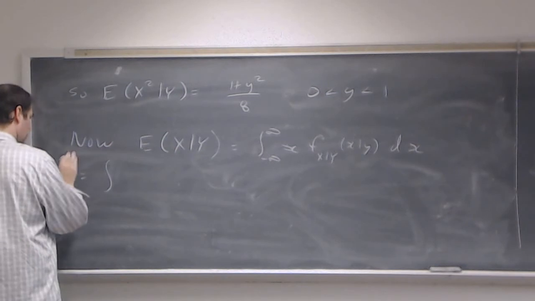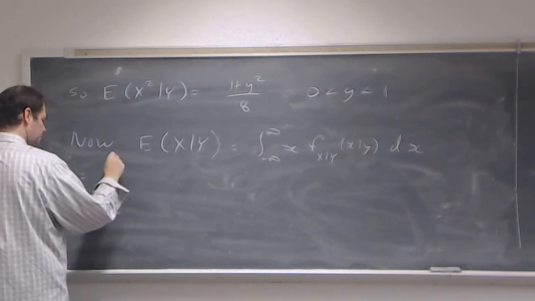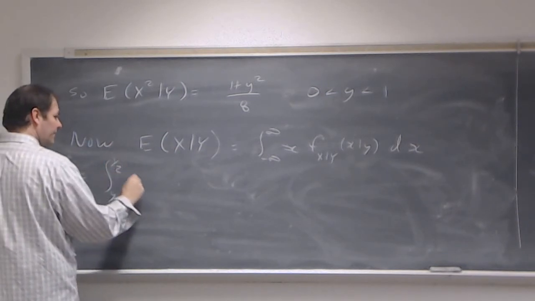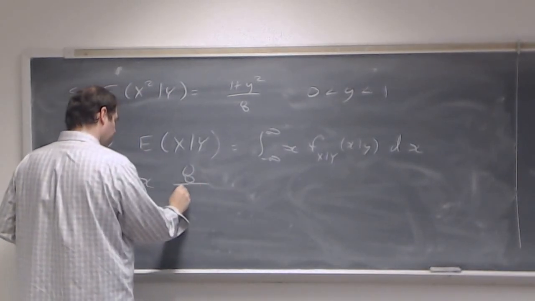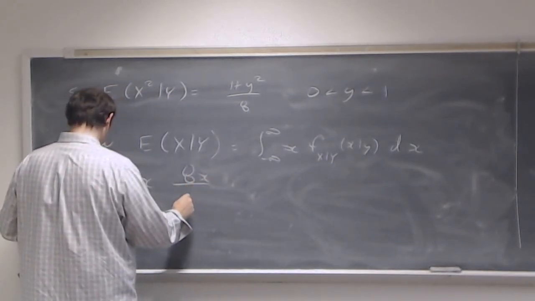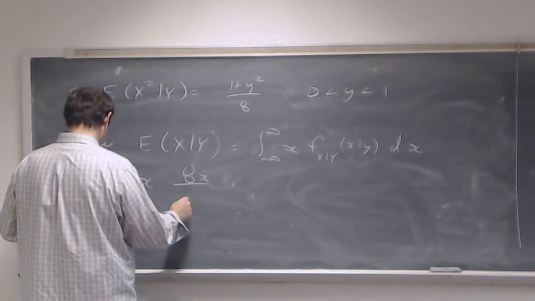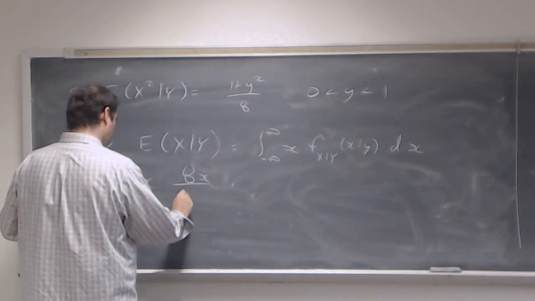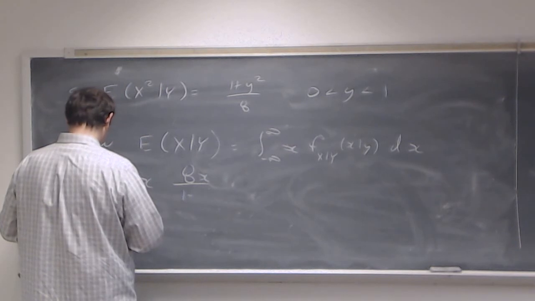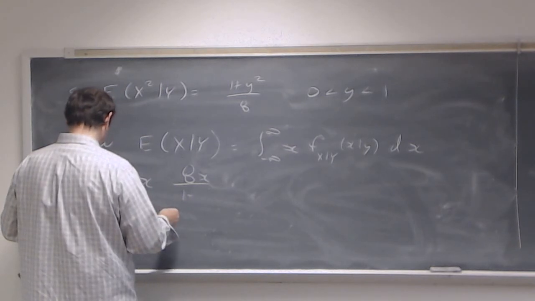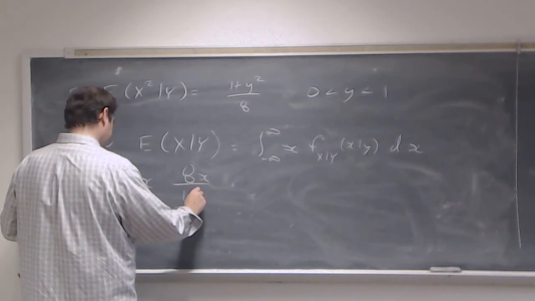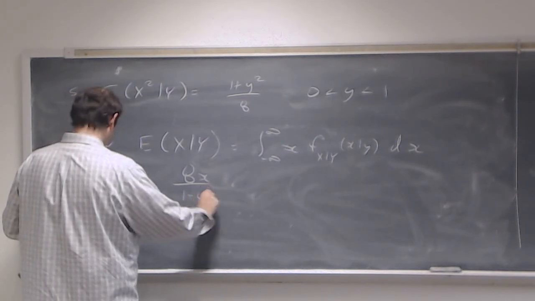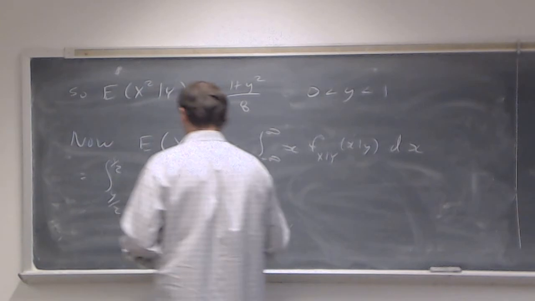Again, that's going to be the integral from y over 2 to 1/2. This is going to be x times, by previous work, 8 over 1 minus y squared, for dx. We probably did this before. I'll go ahead and do it again.